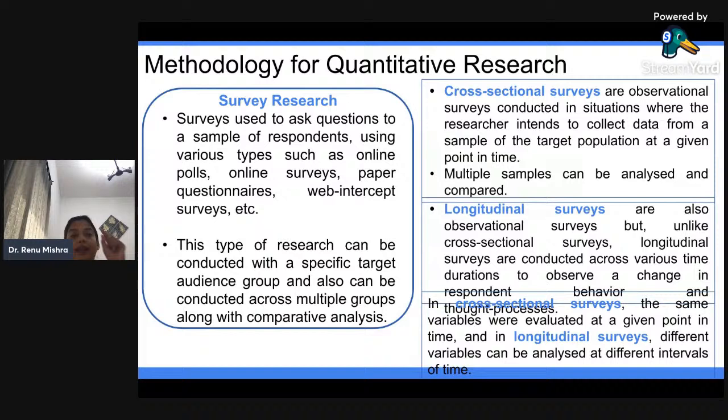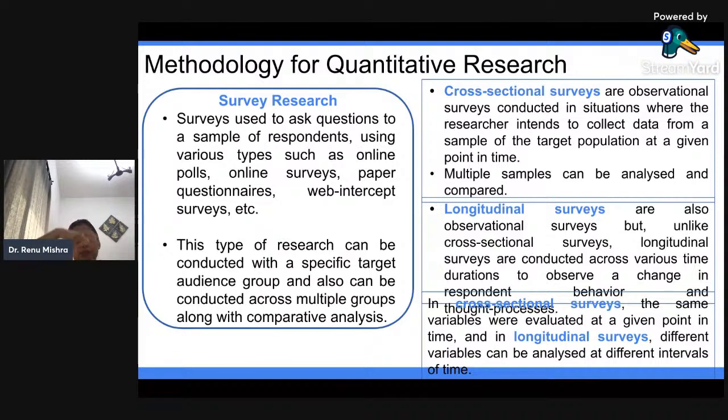Now try to understand the difference between both. In cross sectional surveys, there are multiple surveys, but the data is collected at one point in time. In longitudinal surveys, you are conducting the survey with one or two samples, but at different periods of time.